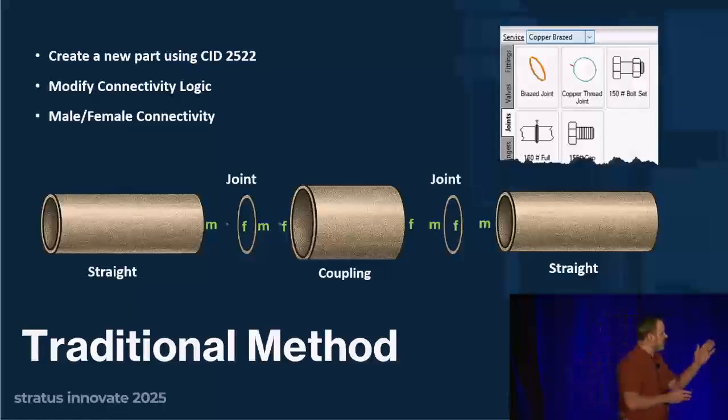And you also have to set up your connectivity with this male-female logic, right? So it creates some extra connectivity work that you have to do in order to set this up to automate.